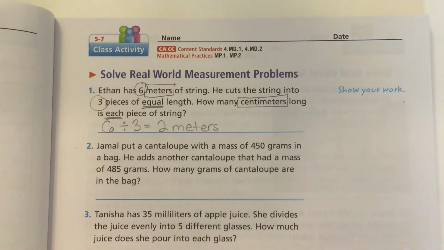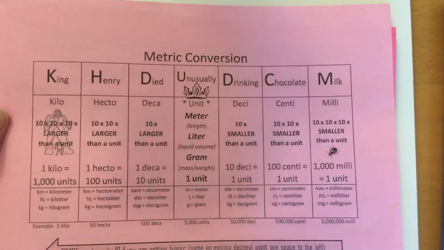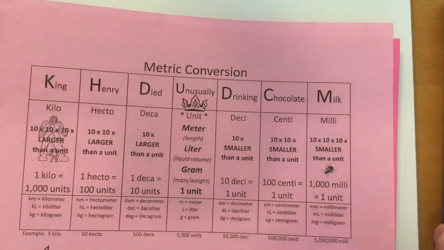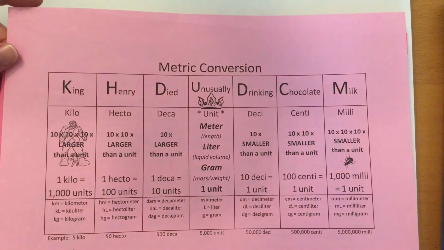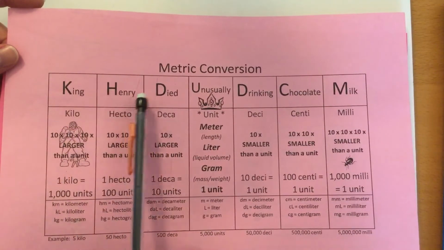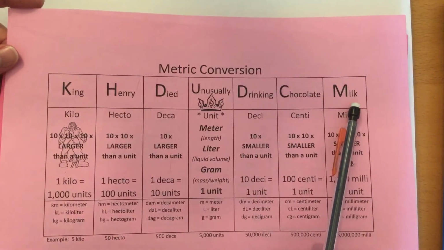Mine is pink. And it's basically the same chart that we were seeing in our math books. But I wanted to show you this one because you'll see it in Google Classroom if you haven't already, and I just wanted to explain what's going on here. So you'll notice that there is a way to remember all of the prefixes in the metric system.